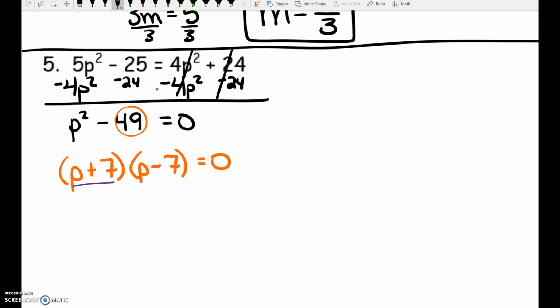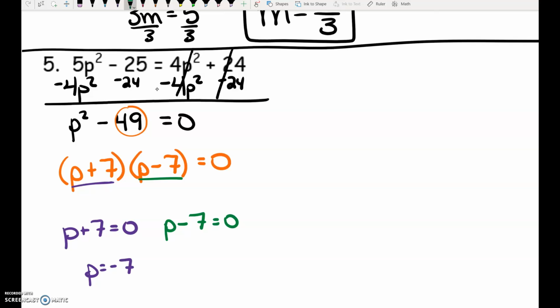All right, the purple card is p plus 7. So p plus 7 has to equal 0, or the green card, p minus 7 has to equal 0. Solve both of those equations. What number plus 7 is 0? -7.